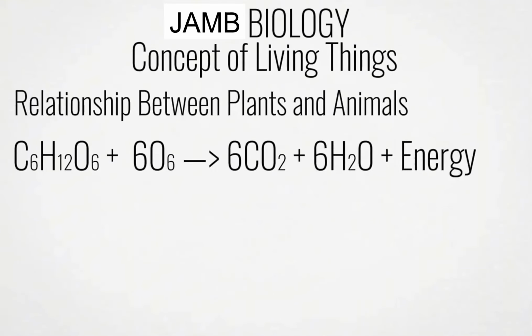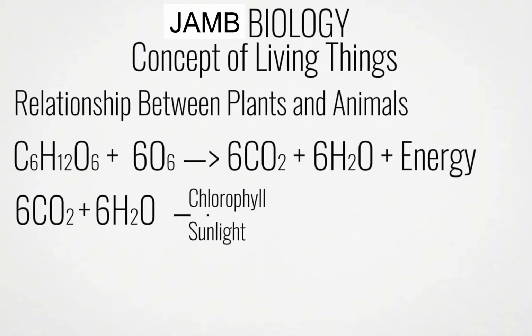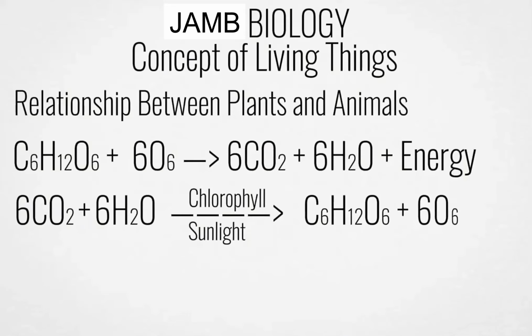Hence, this is the process of respiration that yields carbon dioxide that should be used by plants. Now, these plants end up using this carbon dioxide, that is CO2, and in the presence of sunlight, they will manufacture glucose and oxygen again, just like a reverse of this equation.